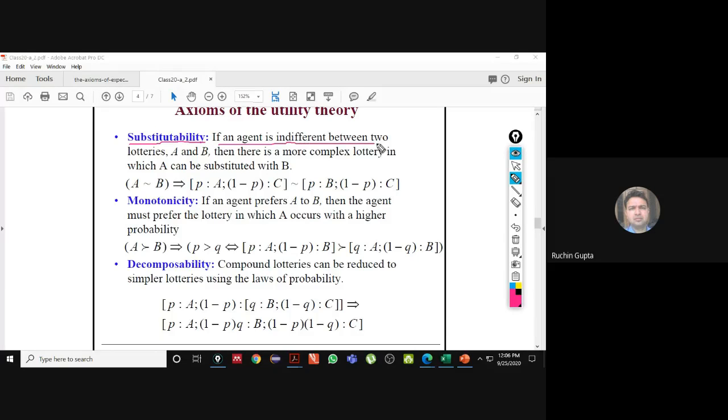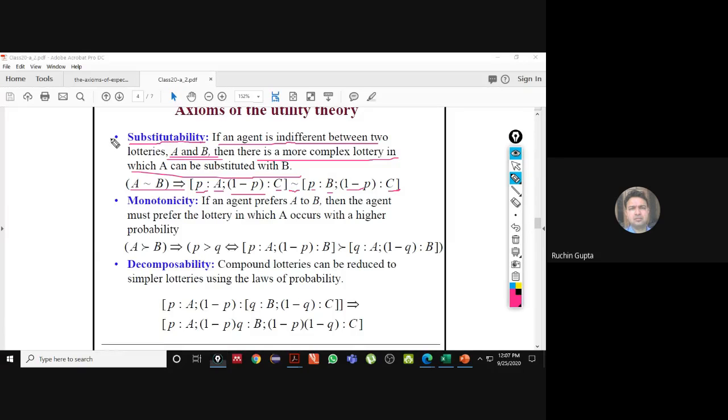So if the agent is indifferent between two lotteries A and B, then there is a more complex lottery in which A can be substituted with B. So if A is indifferent with B, then it implies that the lottery with probability P with A and 1 minus P with C is going to be indifferent with respect to the lottery with probability P with B and 1 minus P with C. Right.